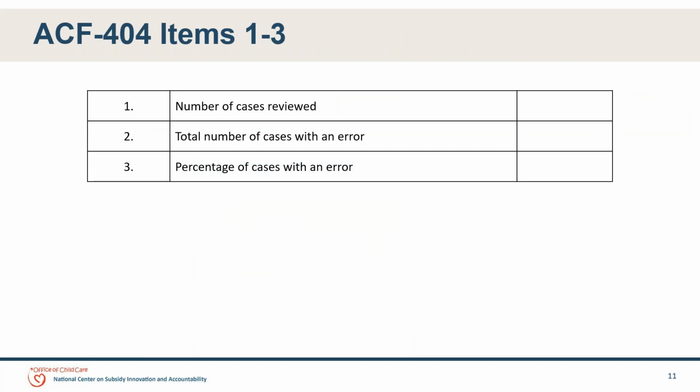And now I can start with the ACF-404 items. As I go through, I'll use some hypothetical numbers as examples. The first item is asking for the number of cases reviewed. And in this example state and in all states, this is going to be 276.